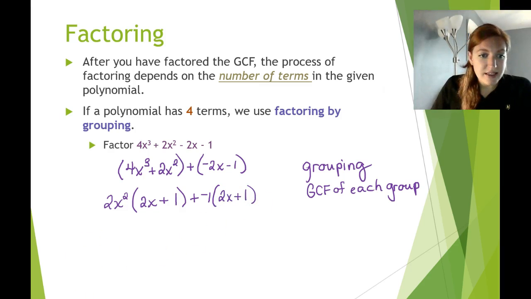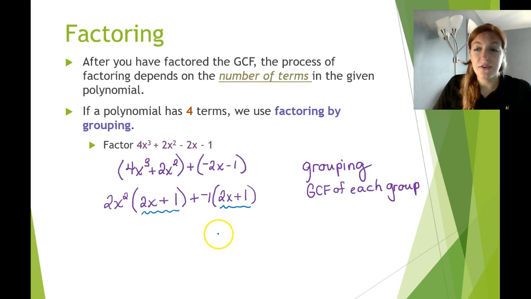So looking at this, do you guys notice anything interesting? I'm hoping yes. What's interesting is these 2 expressions inside the parentheses are the same. That's not a coincidence. That should always happen.